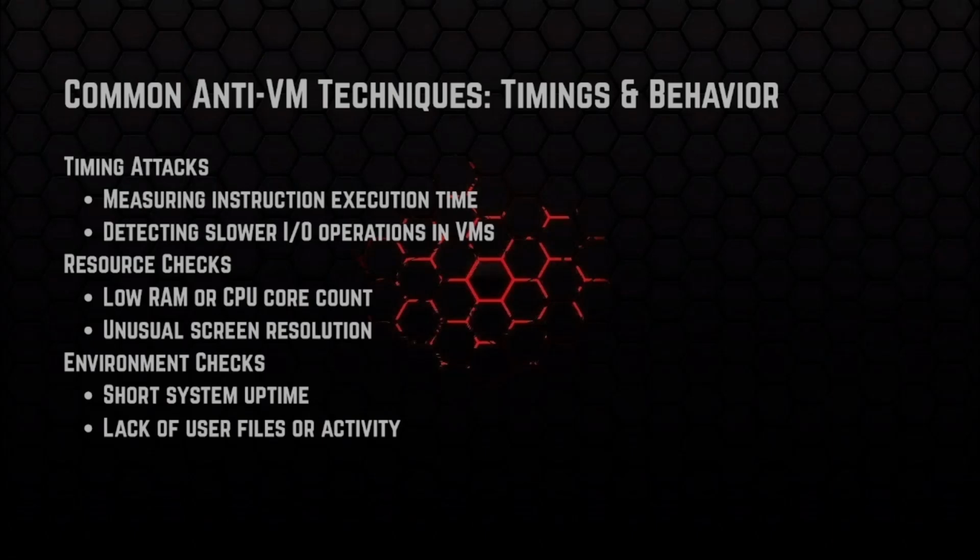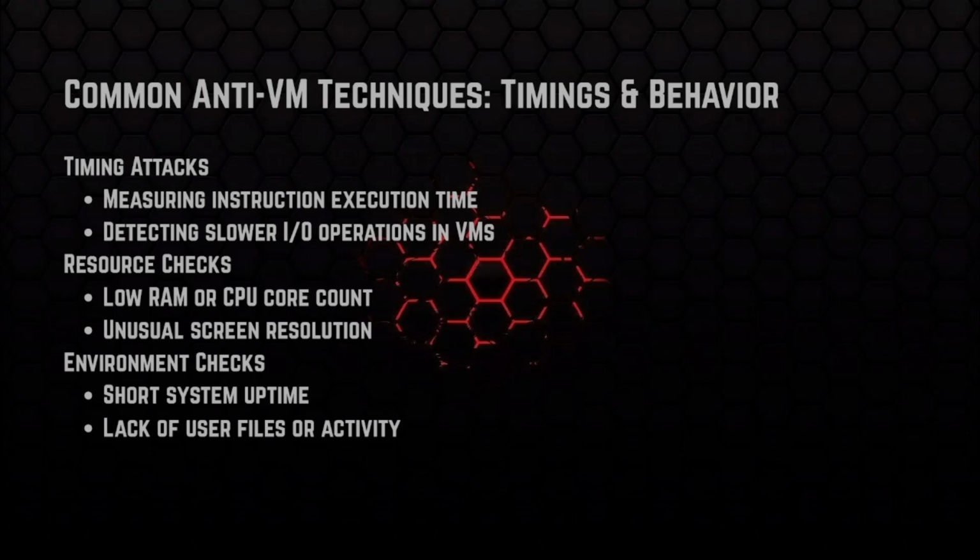If your malware is within an enterprise environment, of course it would be a high end system, with maybe 8 or 16 gigs of RAM. But if it is a 2 GB or 4 GB of RAM, at that time we can conclude we are in a virtual machine or a sandbox. So that's one thing.